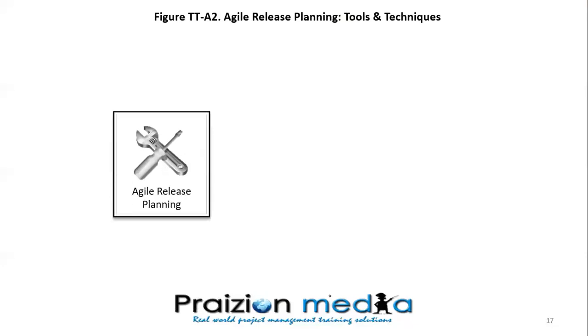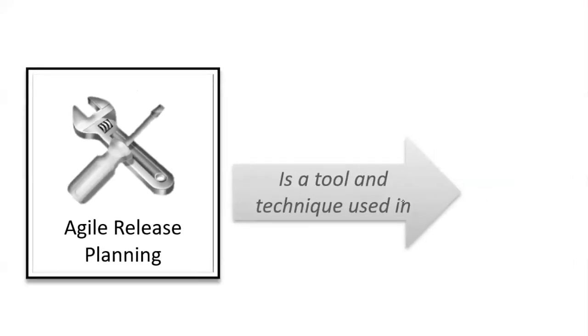All righty, here is your next one. Agile release planning is a tool and technique used in which process? Think about it. The name gives it away. 10 seconds left. 3, 2, and 1.